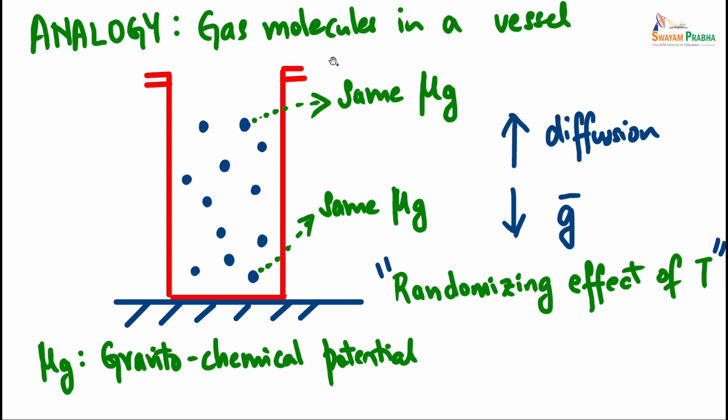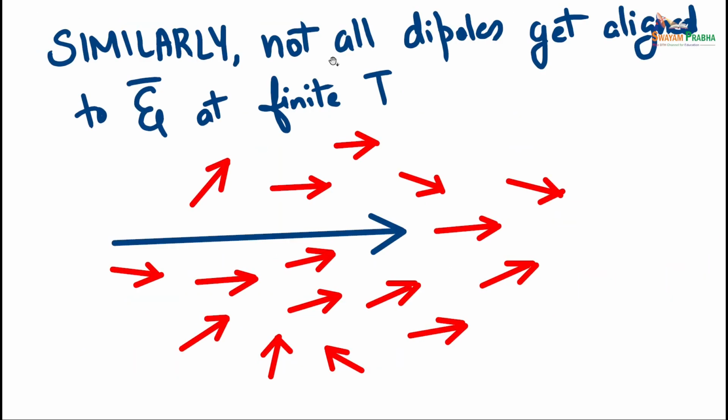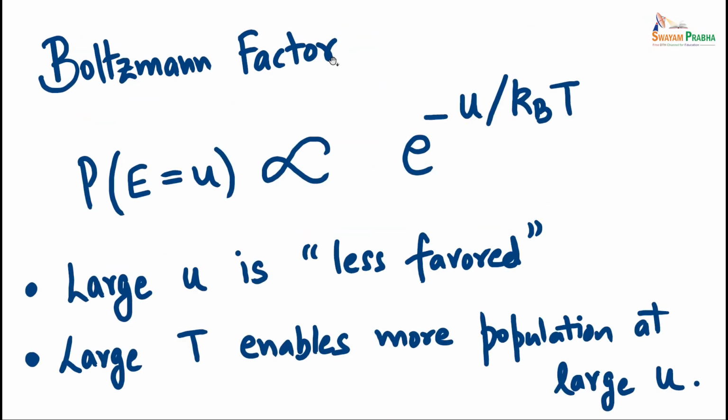In statistical physics, we talk of a gravitochemical potential, which is the same everywhere. The same kind of analogy can be used with the electric field acting on these dipoles at a finite temperature. The temperature is trying to misalign the dipoles, to randomize them, just like it is sending the gas molecules up. And the electric field is trying to align them.